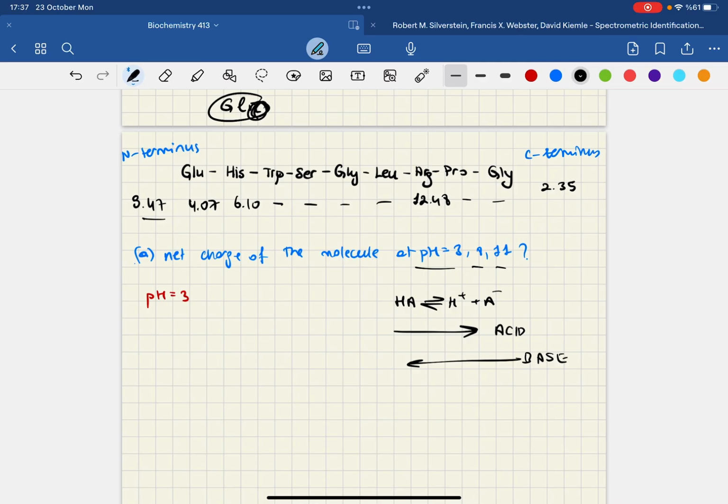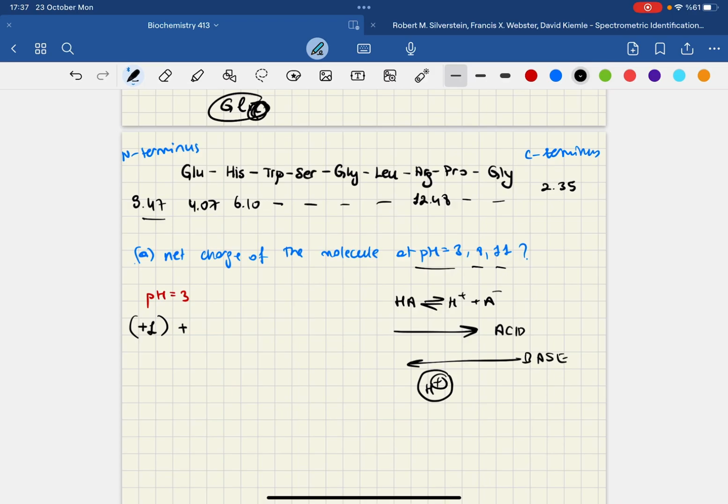Since the N-terminus is a base, it will take a hydrogen atom. What does that mean? Since a hydrogen atom is positively charged, we will write +1 as its charge.